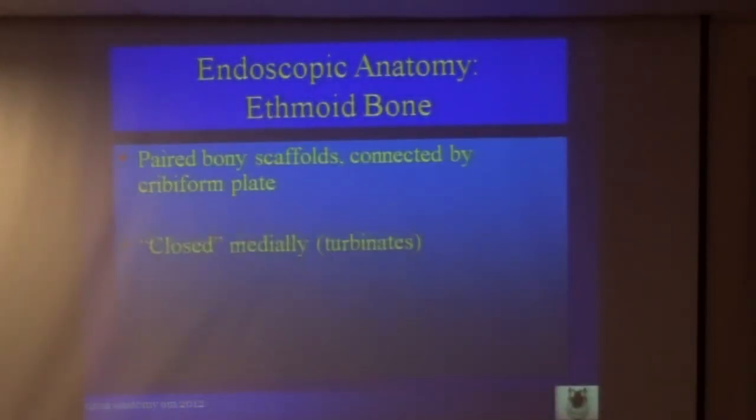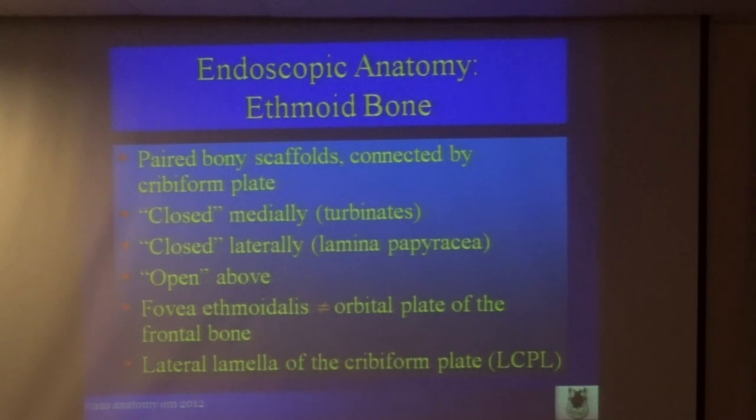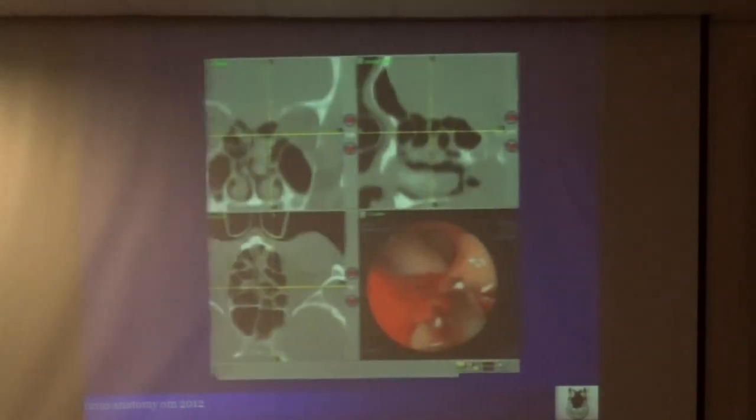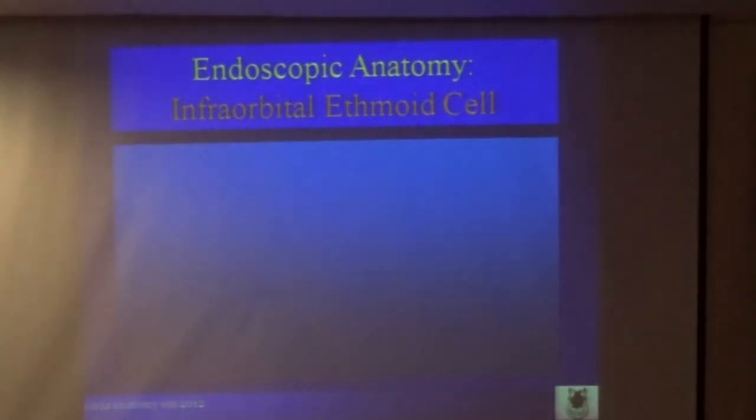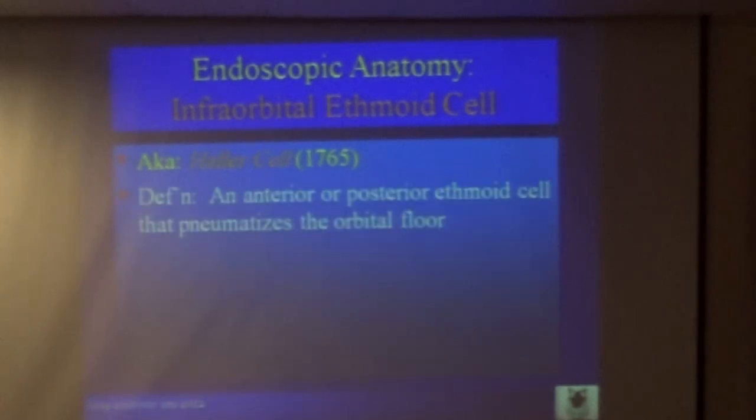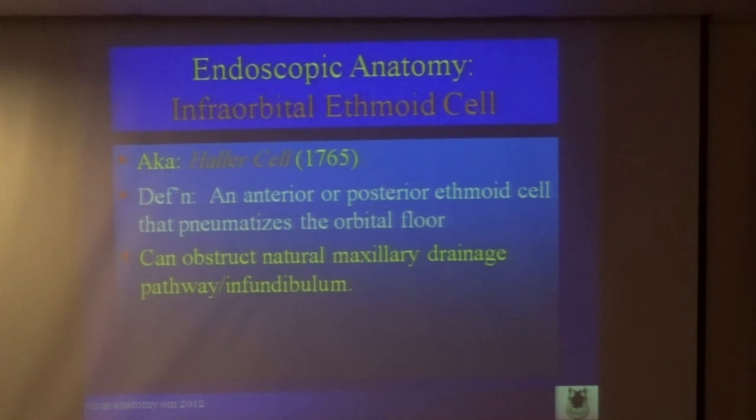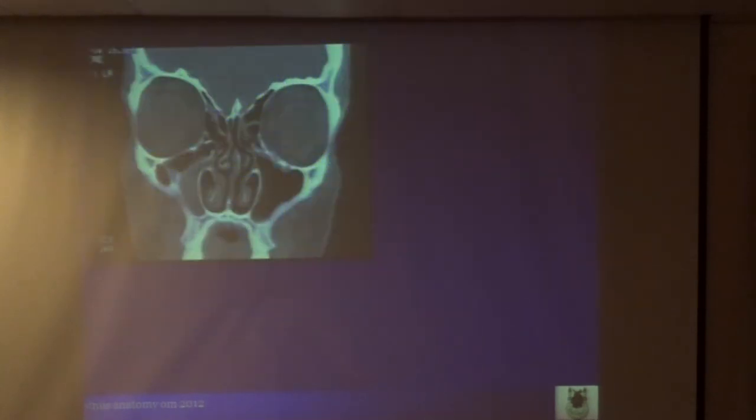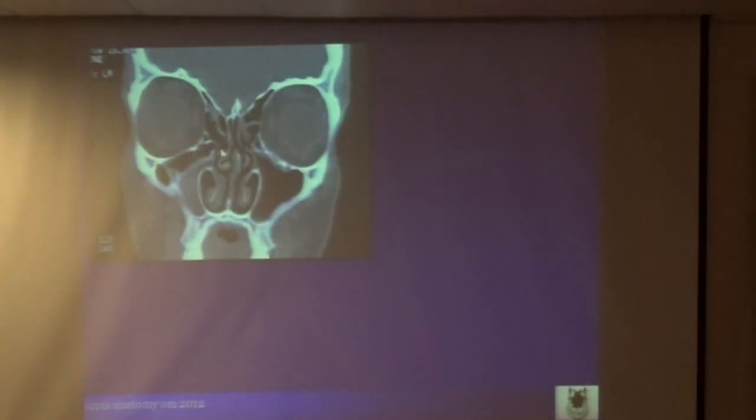The ethmoid bone, I'm not going to go too much into it, has been talked about a lot. Infraorbital ethmoid cells, we have to recognize them because they obstruct the middle meatal antrostomy, and you have to open them completely to have a good opening to the maxillary sinus. So this is a Haller cell, the large one here.